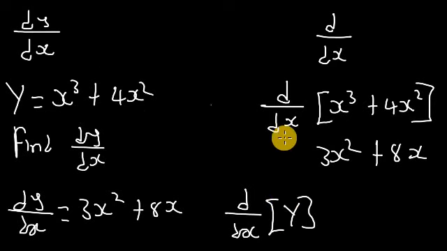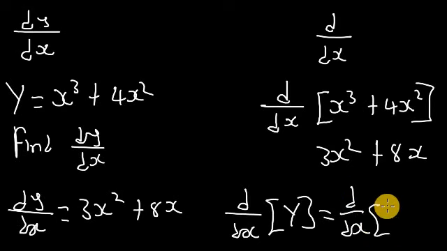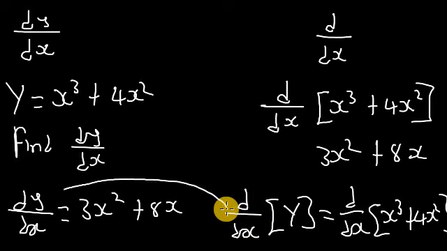Then I'm going to have d/dx of x cubed plus 4x squared, which becomes the same as dy/dx. Their result is going to be the same.